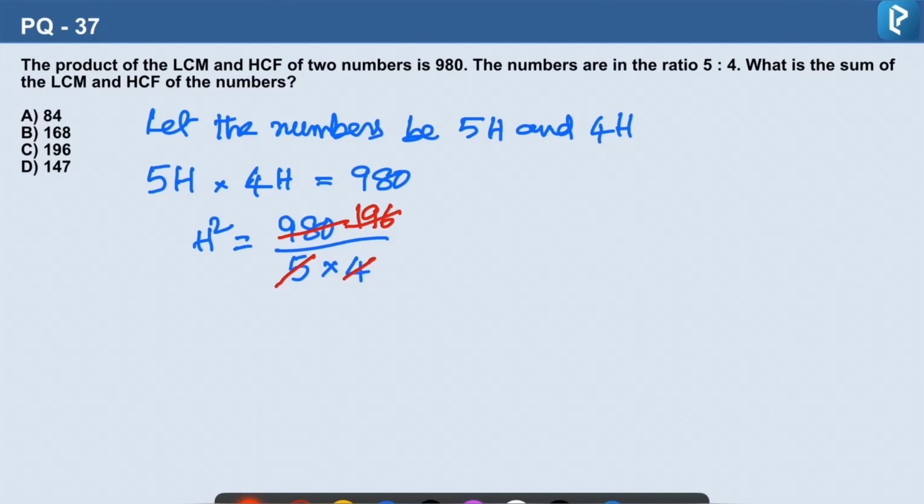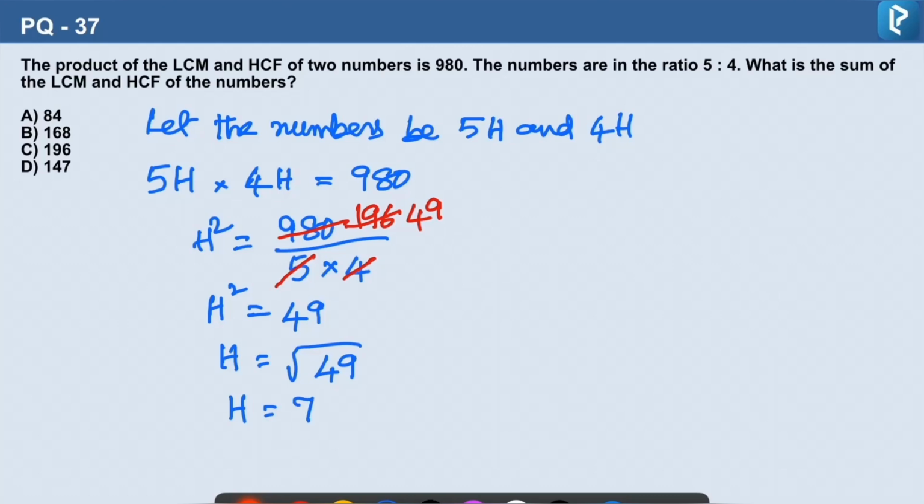This is 4 fours 16, 36, 4 nines are 36. So the remaining is H square is equal to 49. H is equal to the square root of 49. Taking square root on both sides, H is equal to 7.